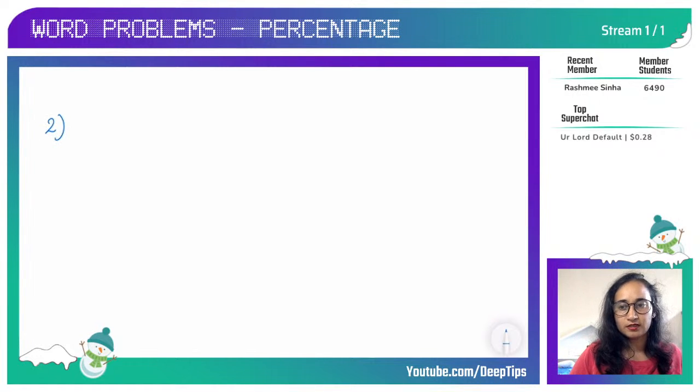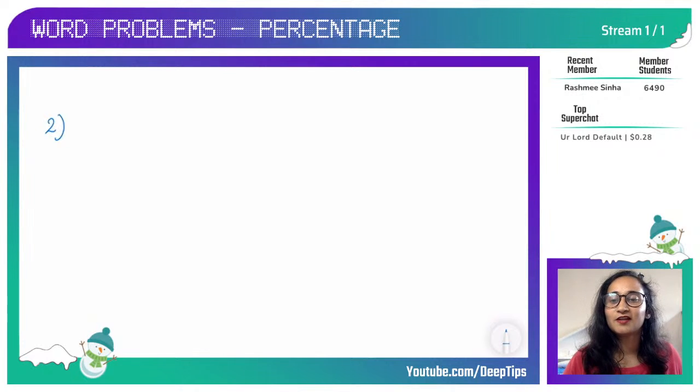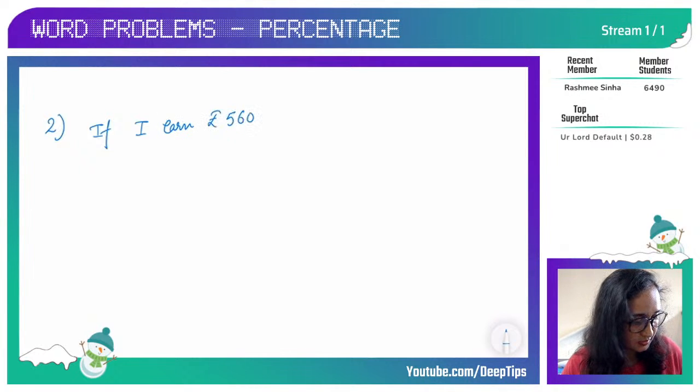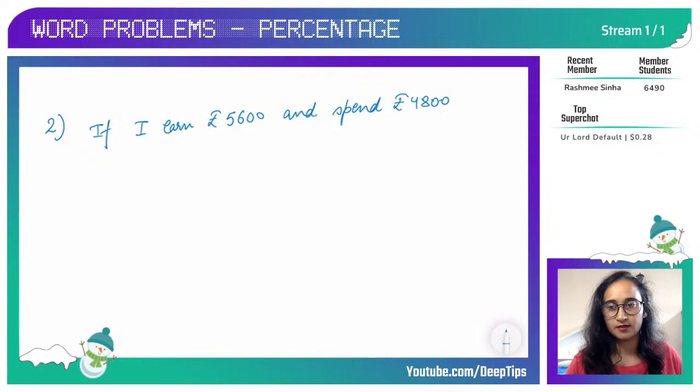Question number 2 is based on income, because I know income and expenditure questions are very common in percentage. So here, if I earn rupees 5600 and spend rupees 4800, so my expenditure is 4800.